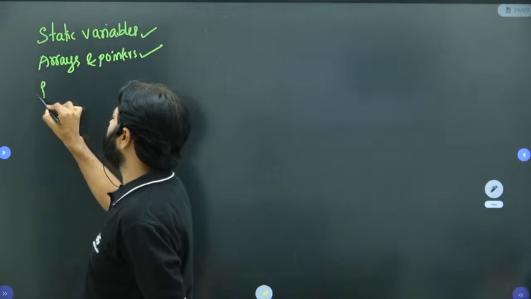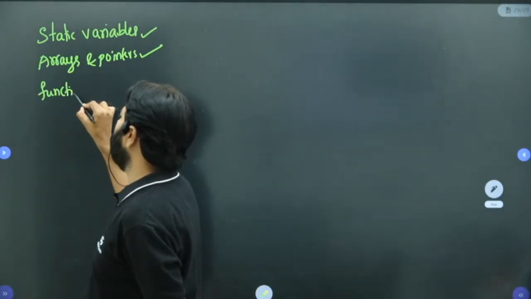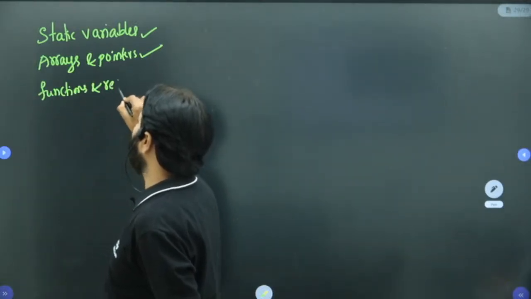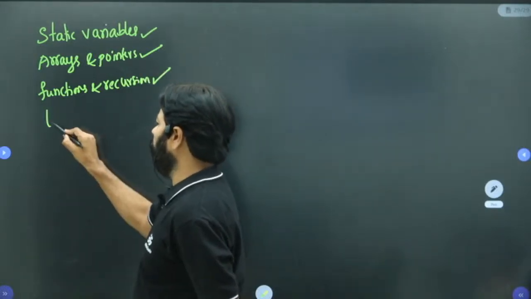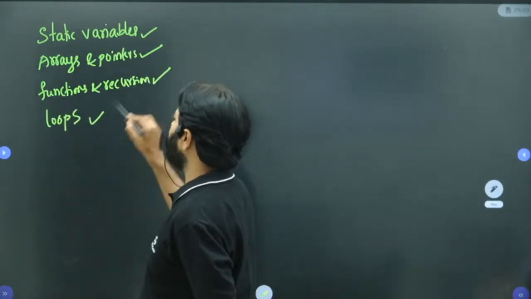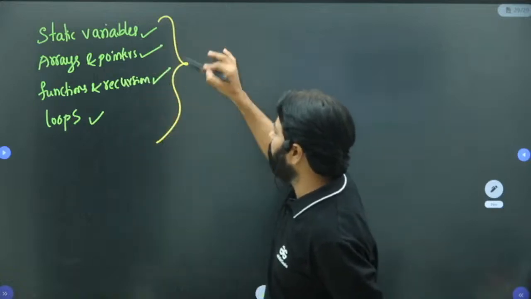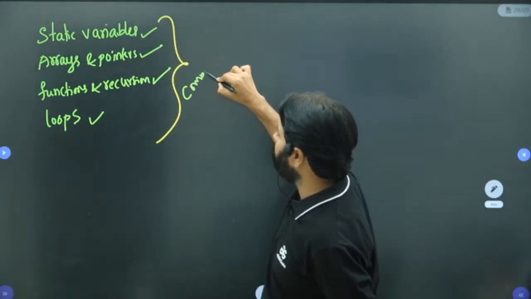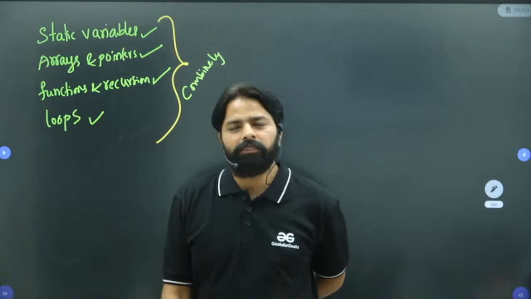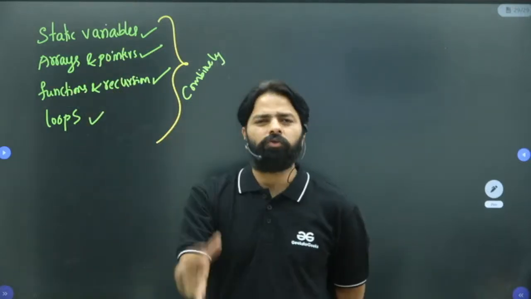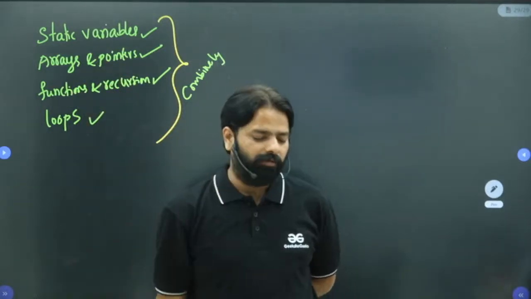And functions and recursion, alone and combined with the above concepts, and loops, separately and combined, all are very important. When they ask combined, definitely 2 marks. Individually they ask, it may be 1 or 2 marks, depending on the concept.